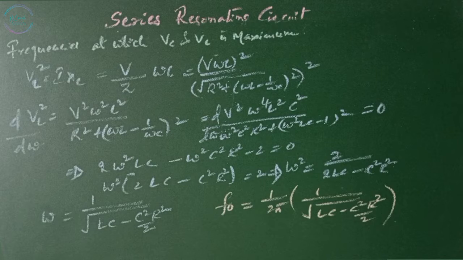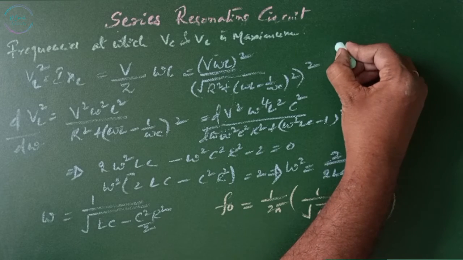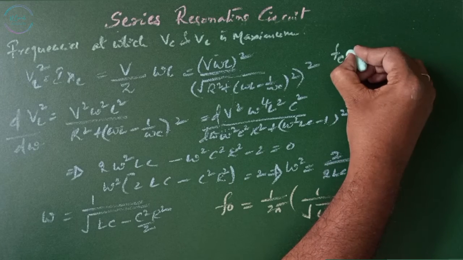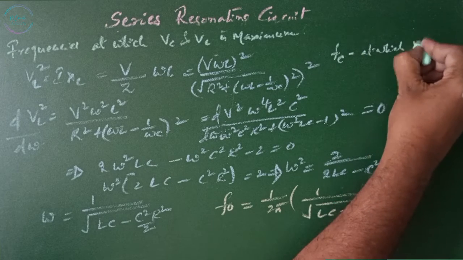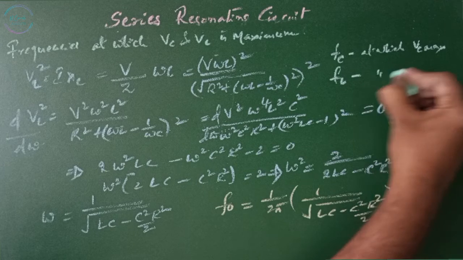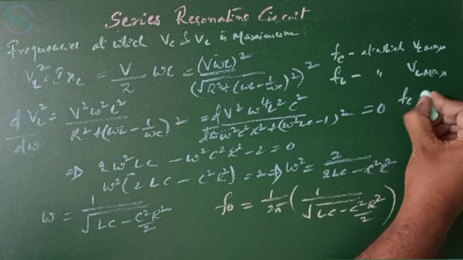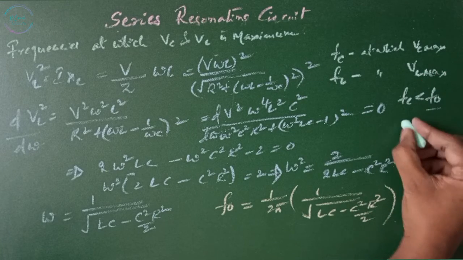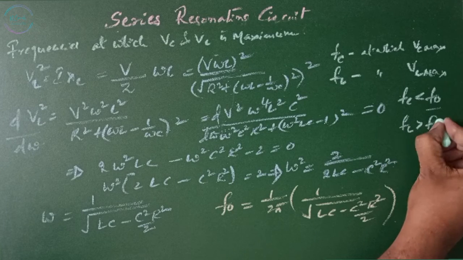From these two expressions, we can say that the maximum value of voltage across the capacitor occurs below the resonant frequency f naught. The maximum value of VL occurs above the resonant frequency f naught. If we consider FC as the frequency at which VC is max and FL as the frequency at which VL is max, FC is less than f naught, the resonant frequency, and FL is more than f naught.